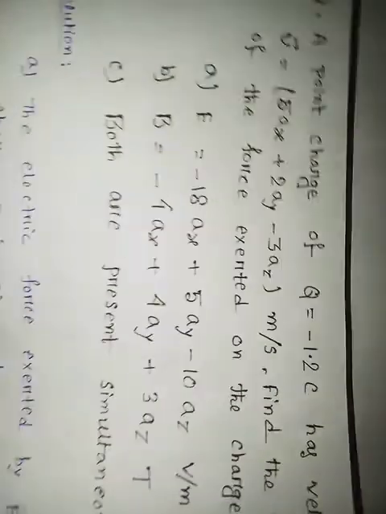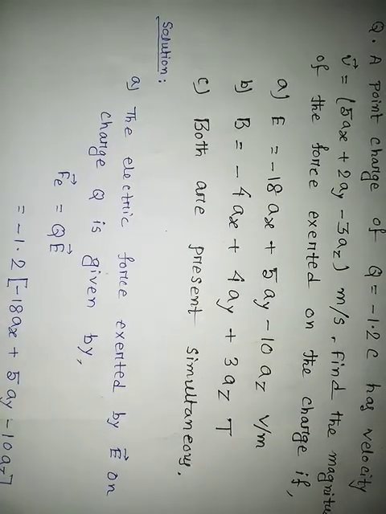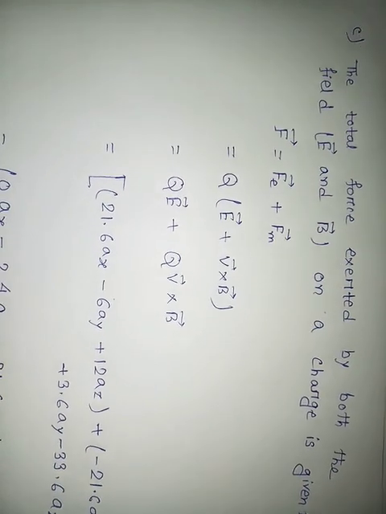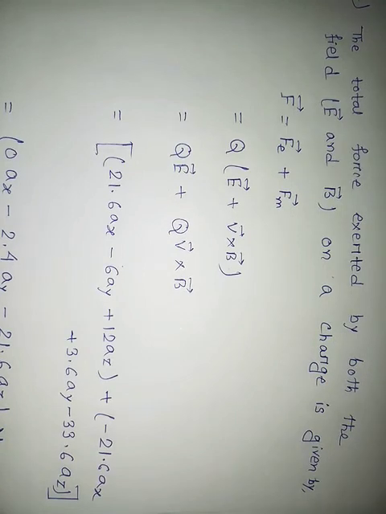Now see, in our last part they suggest both are present simultaneously. If both are present simultaneously, find the magnitude of the force. So according to the Lorentz law, we know total force F equals electrical force plus magnetic force, that is F equals Fe plus Fm.